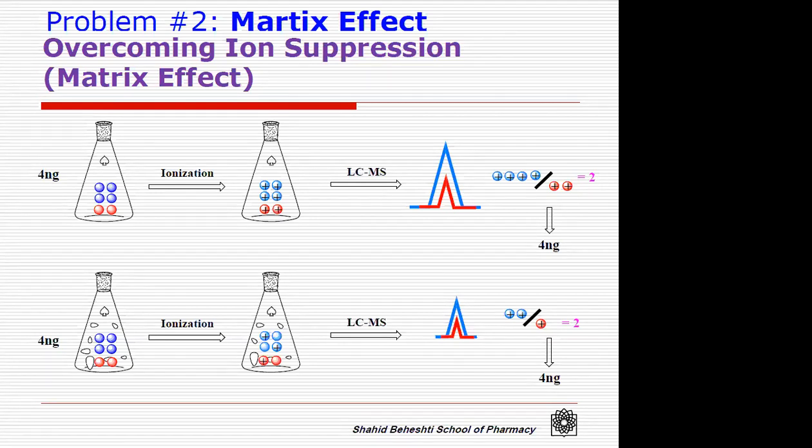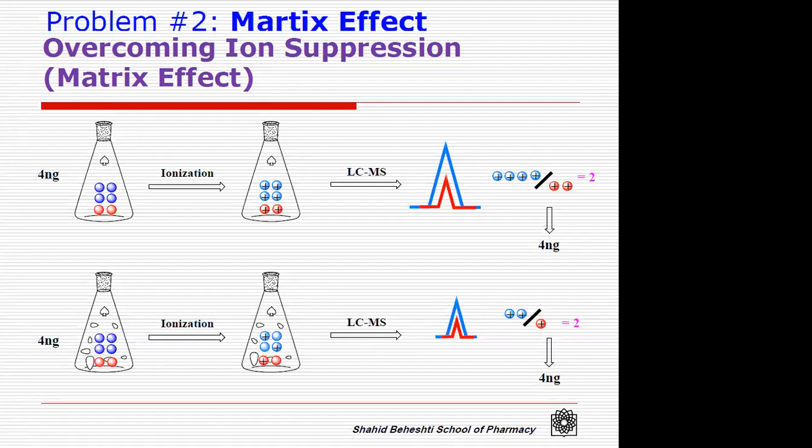Whatever happened to the natural compound is going to be reflected on the labeled compound, and whatever happens to the labeled compound is going to be happening to the natural compound.